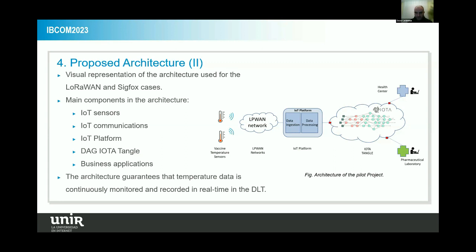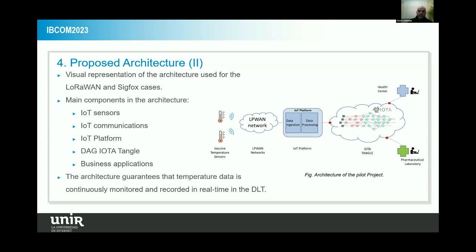So there are many connectivity protocols under this umbrella. LPWAN connectivity permits transmitting the temperature data to the IoT platform periodically, as I mentioned before, every 5 or 10 minutes. We think that this time is enough for this critical use case.